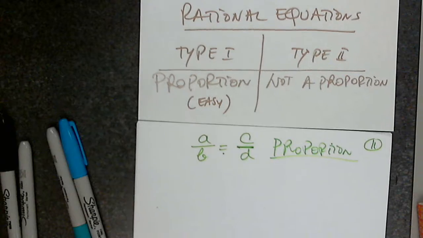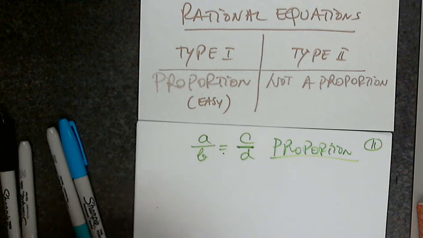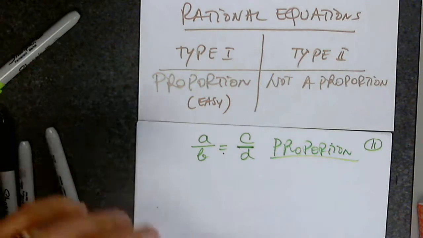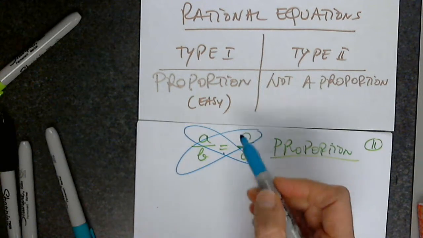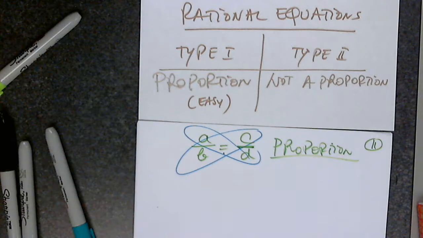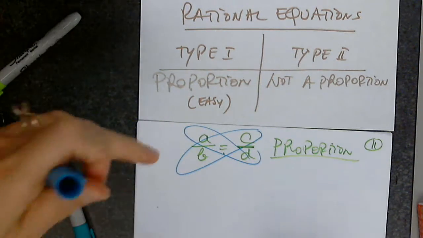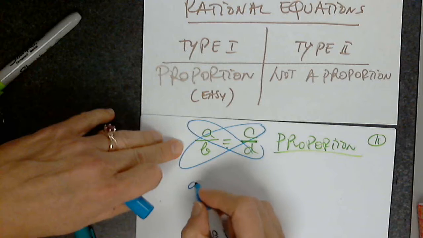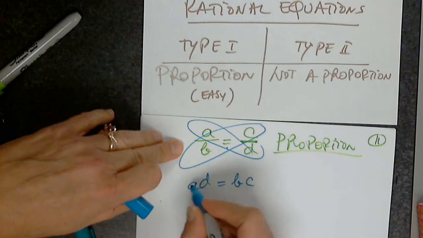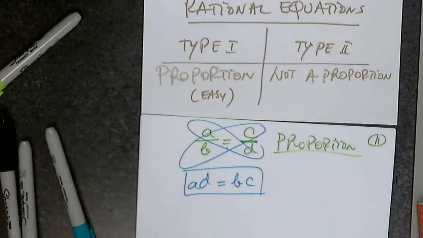Why is this so important? Because only in a proportion we are allowed to cross multiply. I'm not saying multiply across, I'm saying cross multiply, which means if this is true, then A times D must equal B times C. Guaranteed. And this makes it so easy.